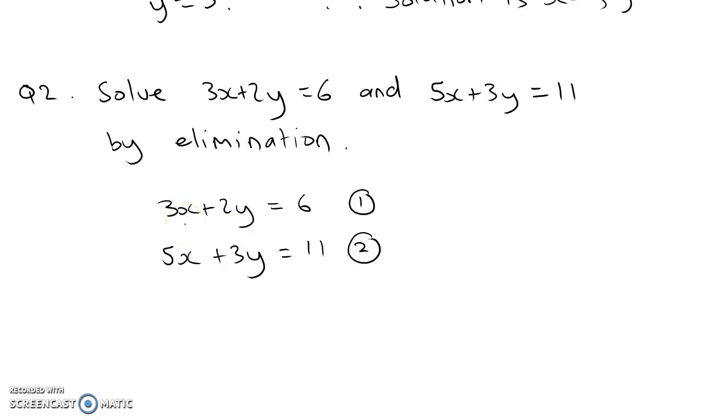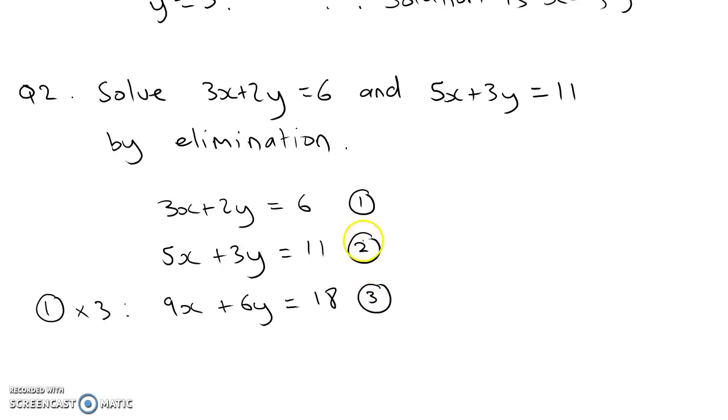So let's multiply equation 1 by 3. That's going to give us 9x, 3x times 3 is 9x, plus 6y equals 18. I'm going to call that equation 3.